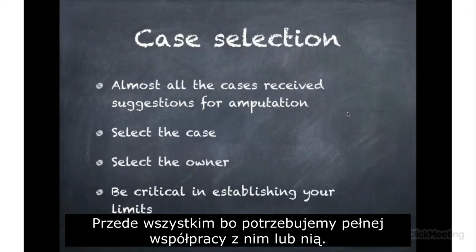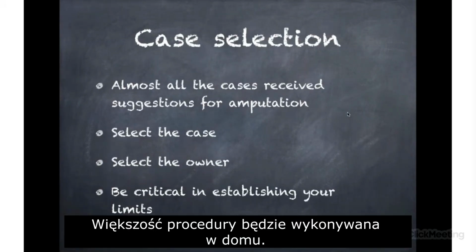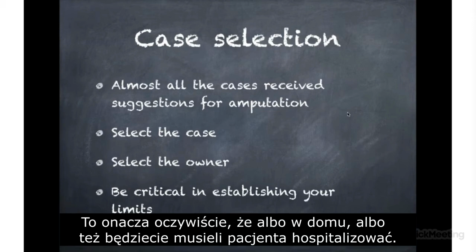Why? First of all, because we completely need his or her cooperation. Most of the procedure will be performed at home. And this means, of course, that either it can be performed at home or you have to hospitalize the patient, okay?